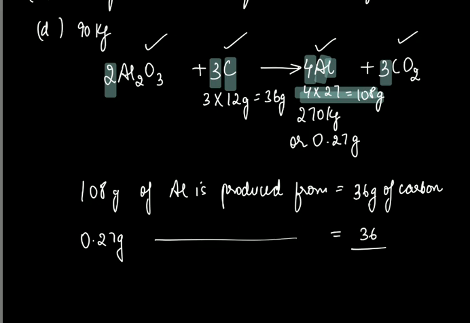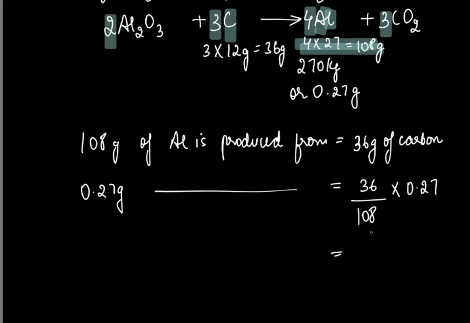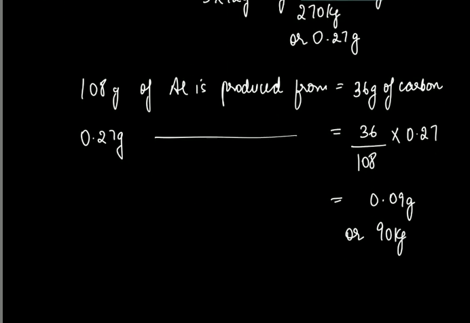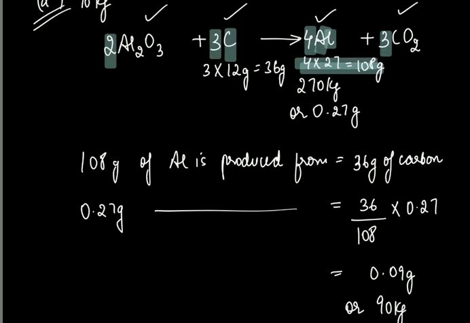So 36 divided by 108 into 0.27. Once you solve this, you will get 0.09 gram, or we can even say 90 kilogram, because in the options they have given kilograms. So this is the answer. This is a simple unitary method we solved, but we needed a little preparation before this question.